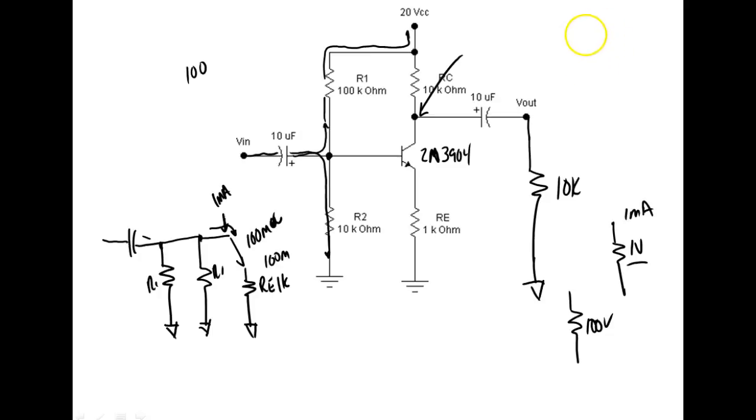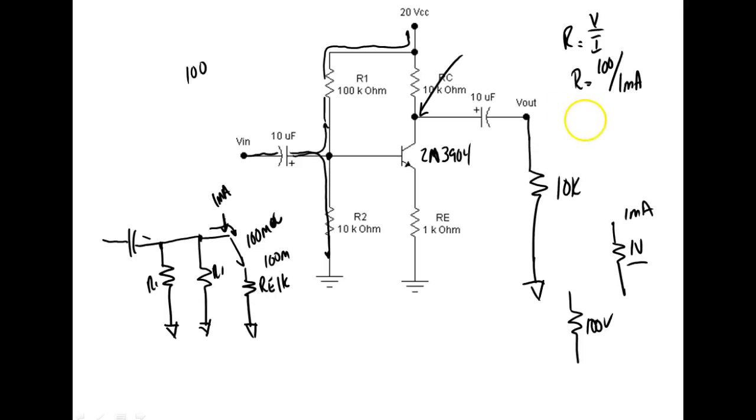So if I say R is equal to V over I, then R is equal to 100 volts divided by 1 milliamp, because that's what your input is seeing. What size resistor does it see? Your input does not see 1K. Your input thinks it's running into this guy right here.